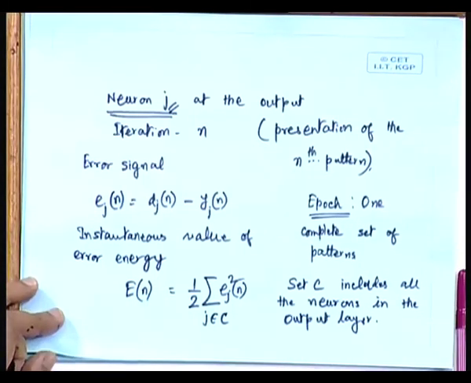You see here, if at every iteration, for every pattern presentation, we minimize this E n functional, then we are going to get an updated weight. Then over capital N number of patterns, if we take the average weight, that weight and this weight will not be exactly the same.